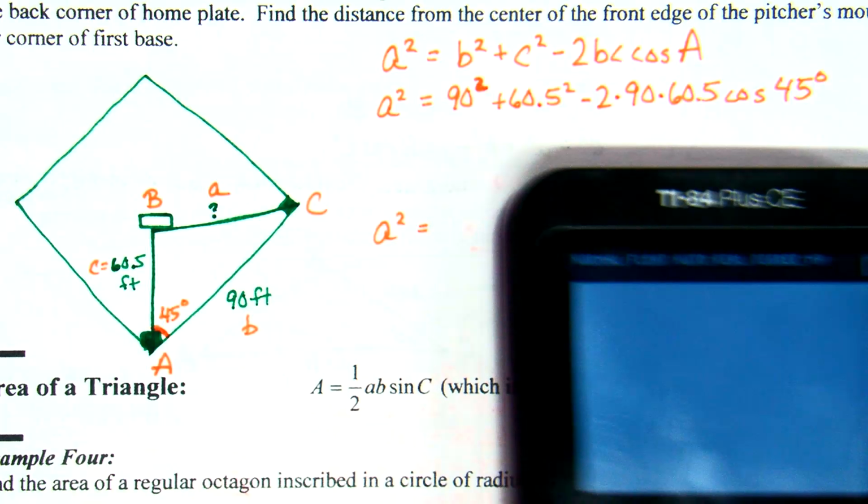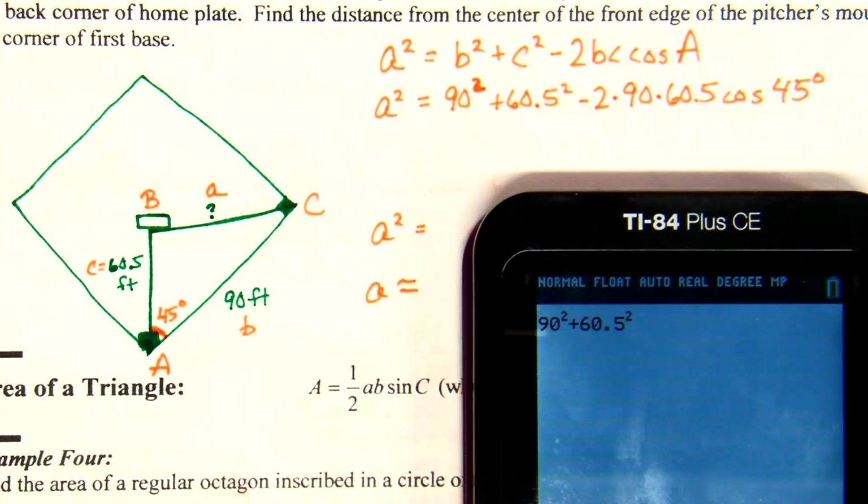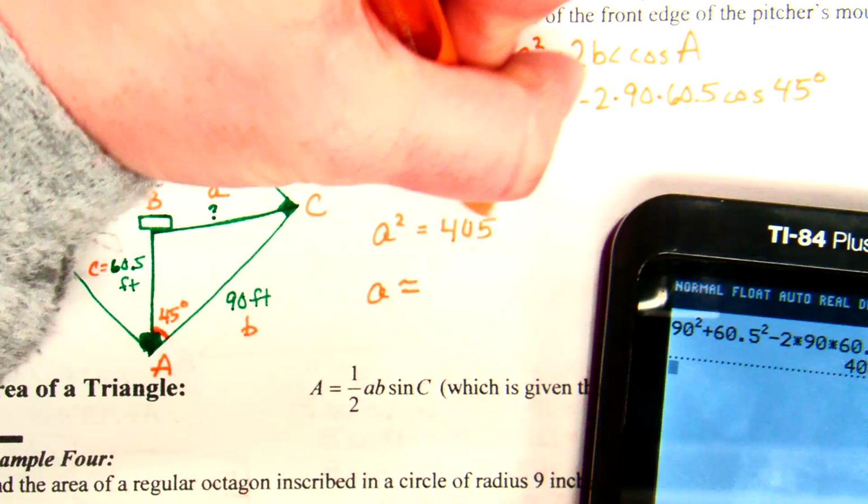Now, you can get pretty fancy here and go ahead and plug it in. But I can go ahead and do 90 squared plus 60.5 squared minus 2 times 90 times 60.5 times cosine of 45. So I'm just plugging it all in. So A squared is equal to 4,059.8571, yada, yada, yada.